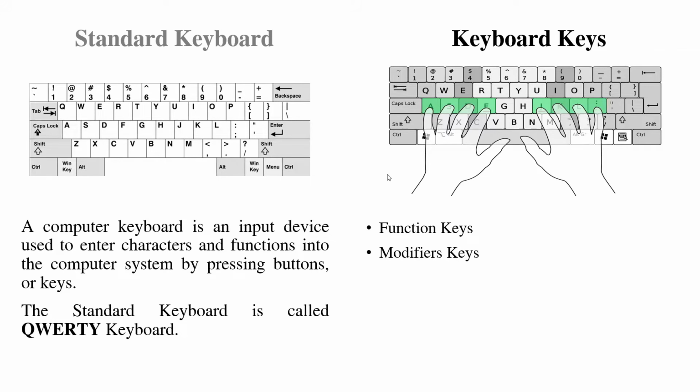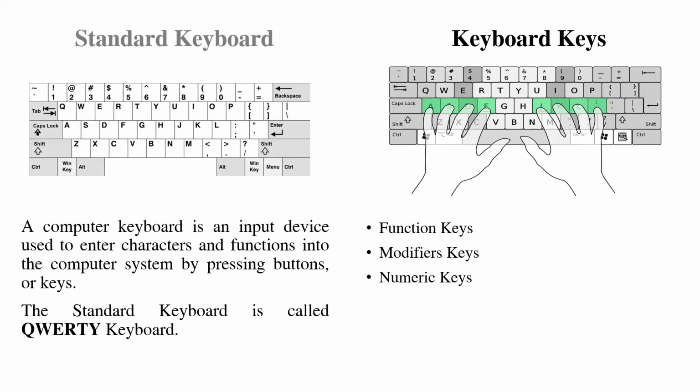After the modifier keys, we have numeric keys. If I ask you what the numeric keys are, some of you, I believe, will tell me 1, 2, 3, 4. Those are not the numeric keys. Please take note: some keyboards don't have numeric keys.